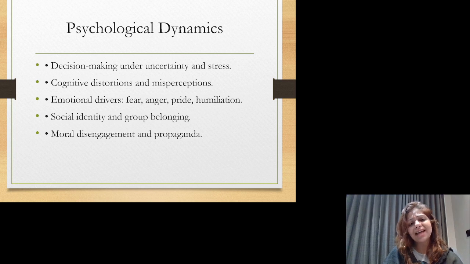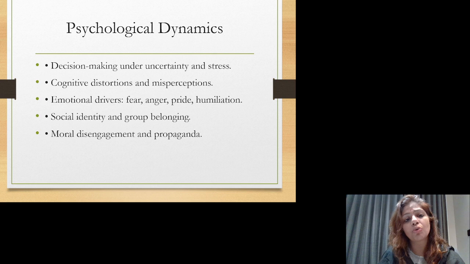Psychological dynamics that are generally seen in global affairs relate to decision making under uncertainty and stress. What are the different cognitive distortions, misperceptions, and judgment errors that we take in while taking decisions, while working for cooperation and conflicts?